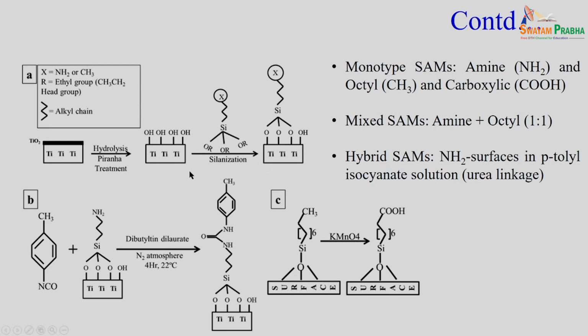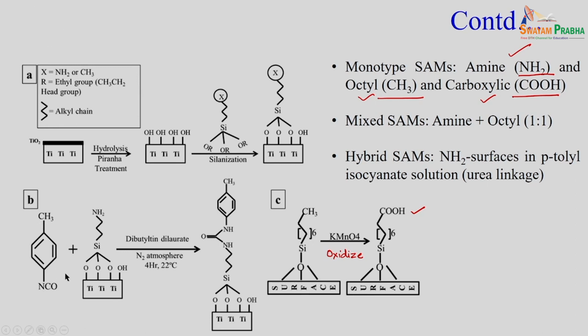Here we have prepared a monoSAM of amine group, where X will be NH2, or octyl group, where X will be CH3, and if you oxidize the CH3 group, then we form the COOH group. So, we had three monoSAMs: amine, octyl as well as carboxylic.